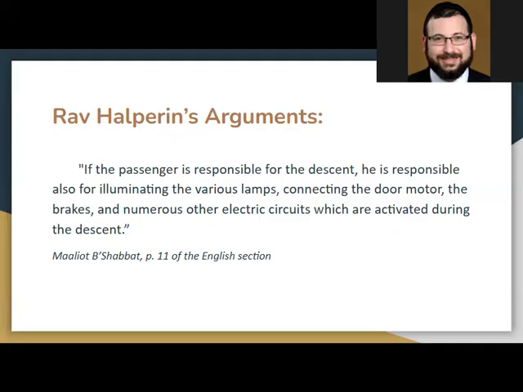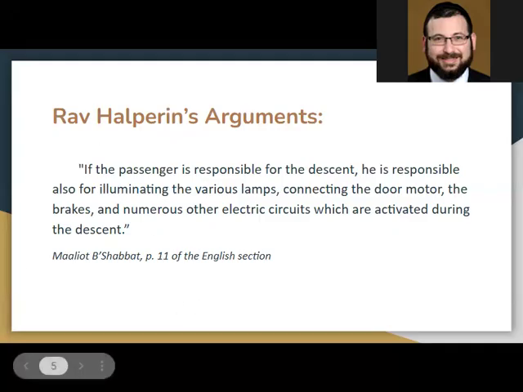Since he's facilitating it, he's assisting it in its downward motion, he's responsible also for its lights, for the connections of the door motor, the brakes, and numerous other electric circuits which are activated during the descent.